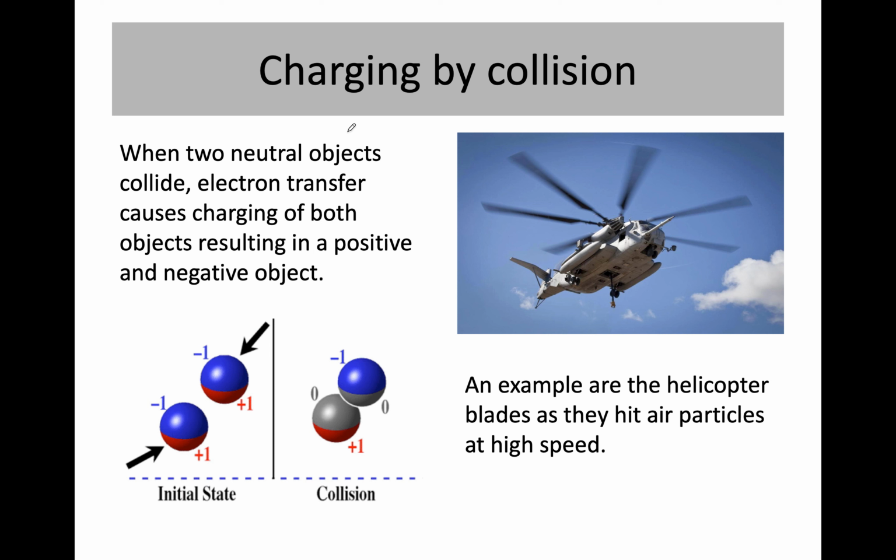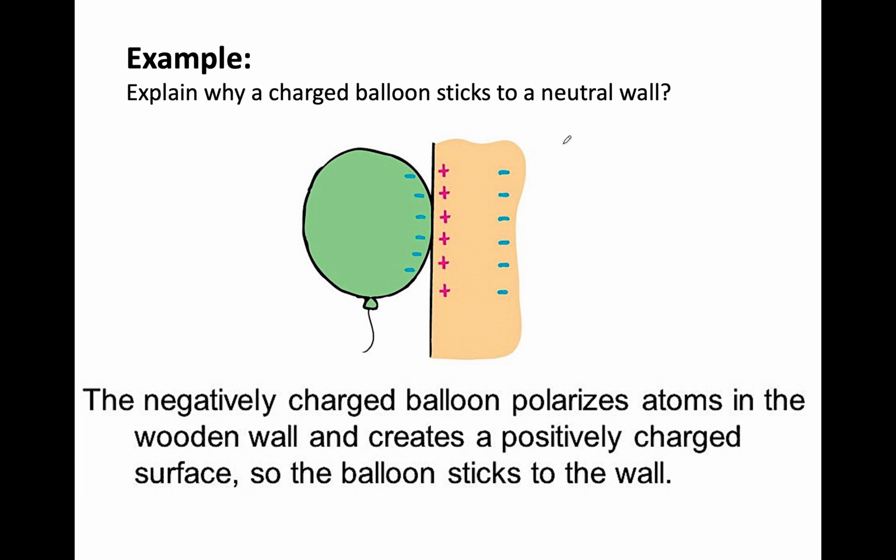Charging by collision is the same idea. When neutral objects collide with each other, electrons can get knocked off and switched from one atom to another atom, like in a helicopter blade when it hits the air particles at high speed. And you can also get a balloon sticking to a wall with the same idea.